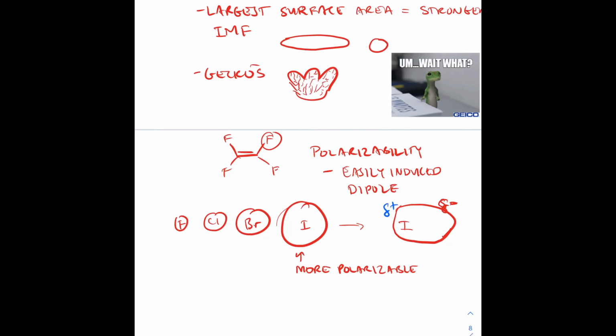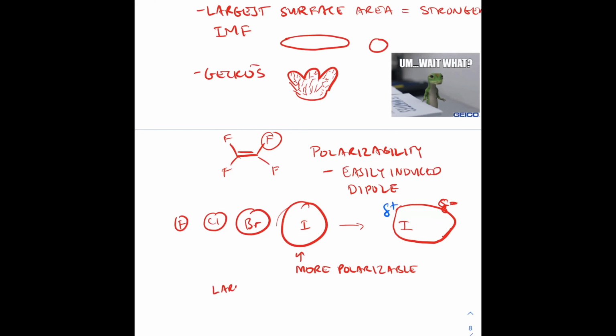That means the opposite side must be delta positive. And essentially, a delta positive will match up with a delta negative of another iodine, for example. And so that's how you get those intermolecular forces. The positives match up with the negatives, and the negatives match up with the positives. Okay, so basically you get stronger London dispersion forces for larger atoms.